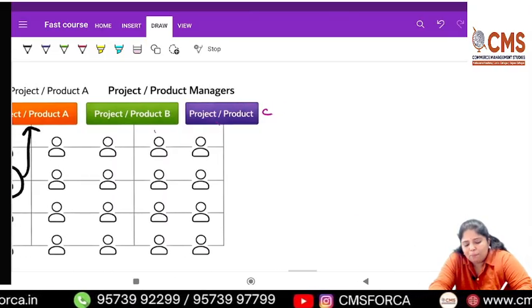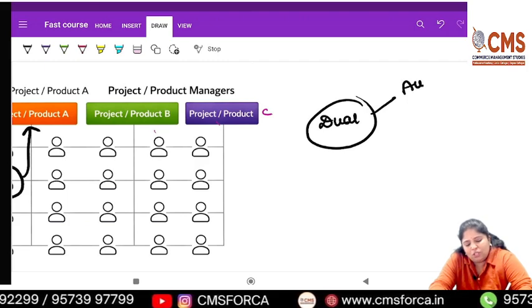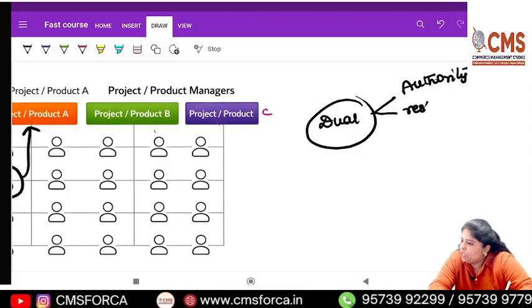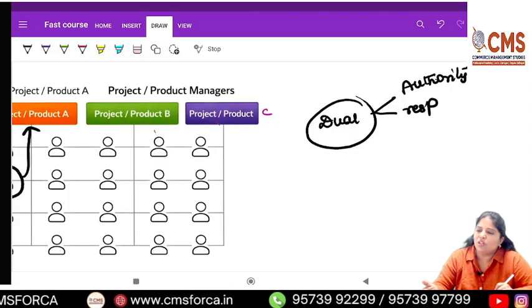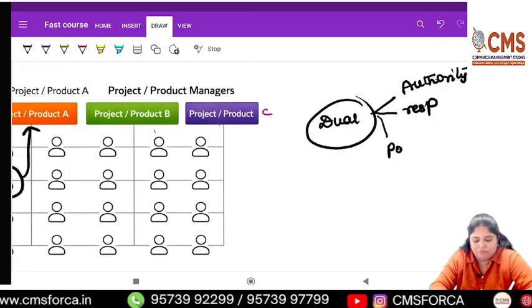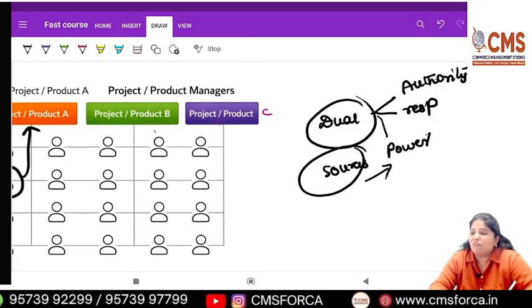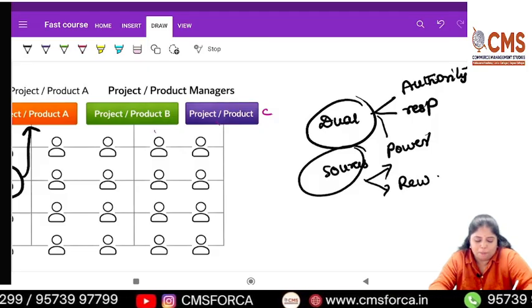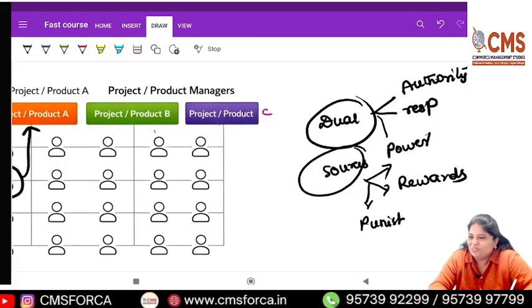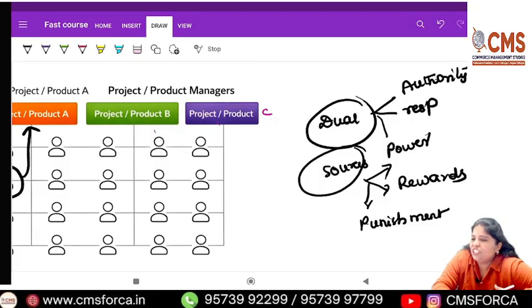So in matrix structure you have dual authority, dual responsibility, and power is also given to dual authorities. Dual sources of power, dual sources of rewards. Even if you have to get any punishment, it should be coming from two. So it creates a lot of confusion in communication.